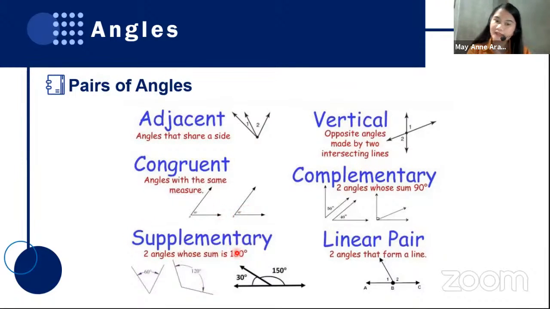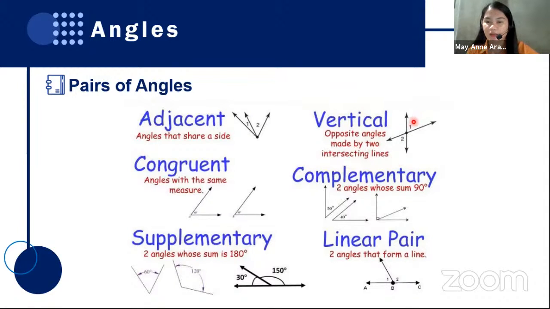And for supplementary angles, these are two angles whose sum is 180 degrees. So 30 degrees and 150 degrees are supplementary because 150 plus 30 is 180 degrees. And for vertical angles, these are opposite angles made by two intersecting lines.